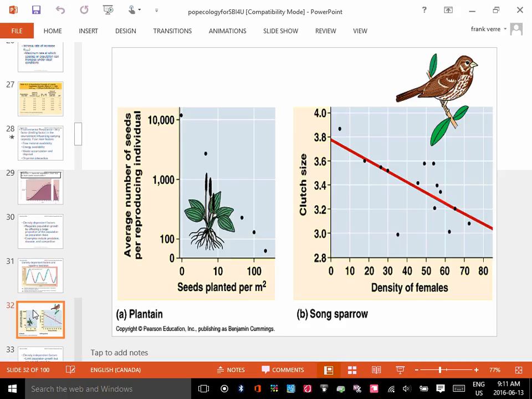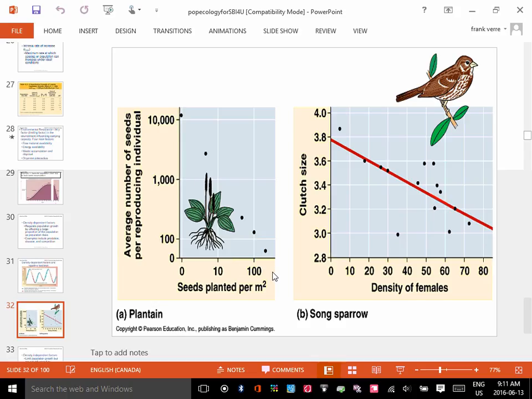Okay, so here's two other examples of negative feedback factors. So take a look at this graph. You have the number of seeds that a plant will produce on the y-axis, and you have the number of plants in an area. So what happens when we have more plants living in a particular area? Do they produce more seeds per individual, or do they produce less seeds per individual?